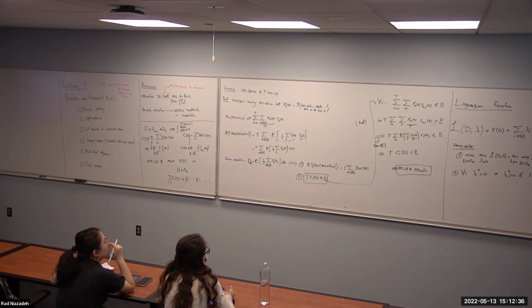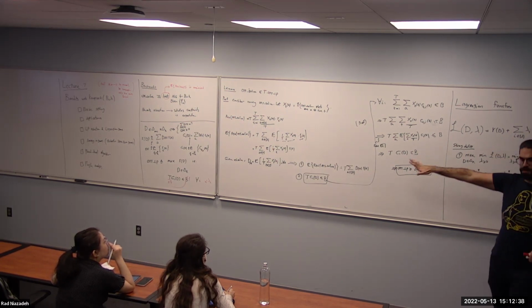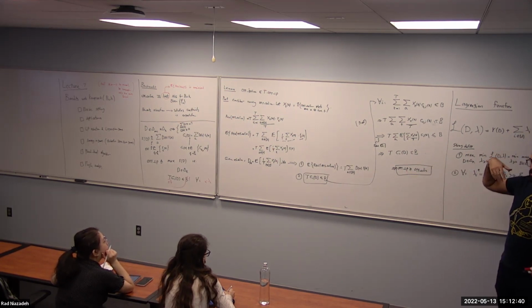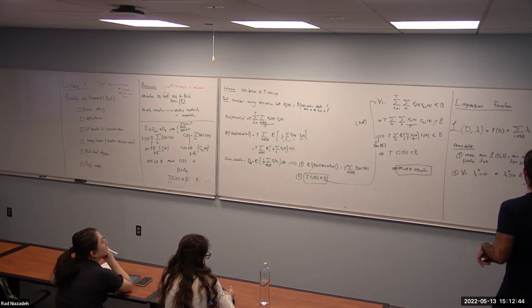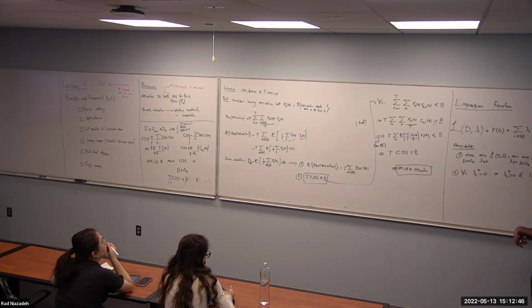I'm imagining a situation where the primal player goes first, picks d star, and the dual player goes second. Now it's going to pick a solution that minimizes the Lagrangian. So how would you choose your lambda, given the fact that you know d star is feasible, meaning that 1 minus t over b times c i d star is greater or equal than 0? How would you pick the lambda?